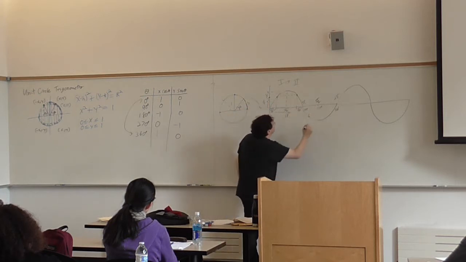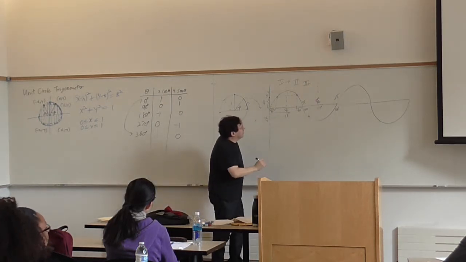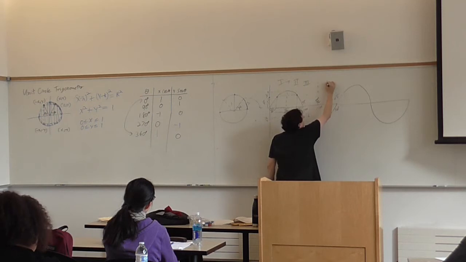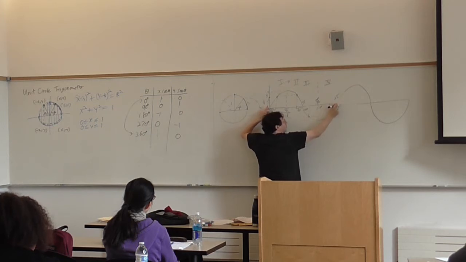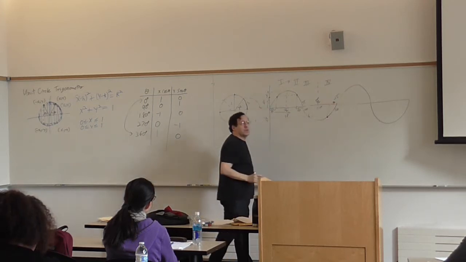I'm in my third quadrant. And finally, if I keep going, I still get a negative value here. Now I'm in my fourth quadrant. This is now 2 pi, or 360 degrees, minus my angle.